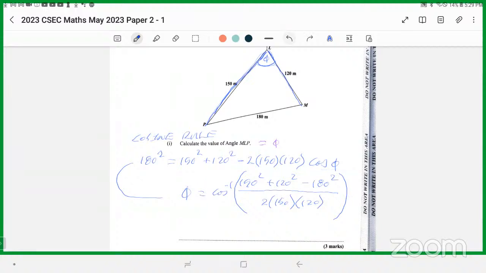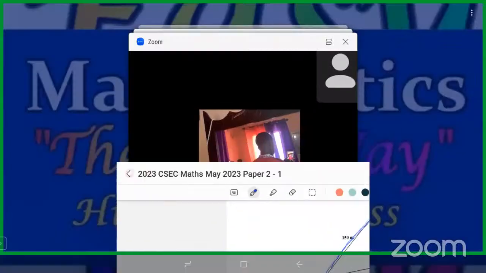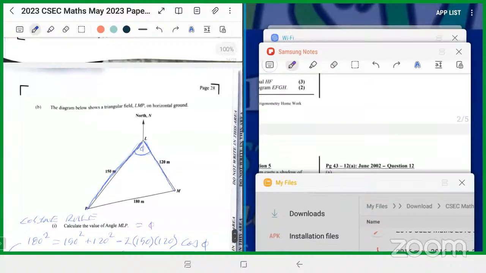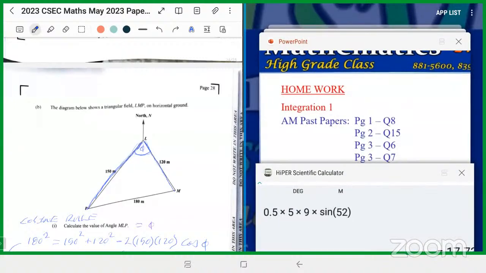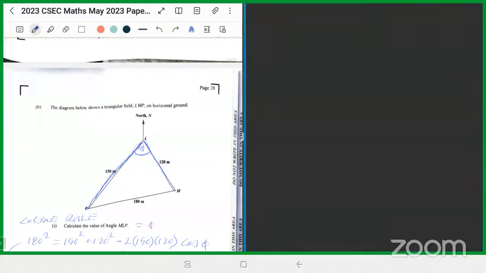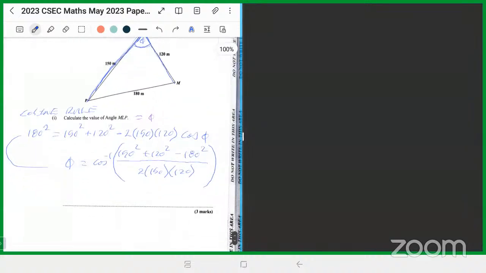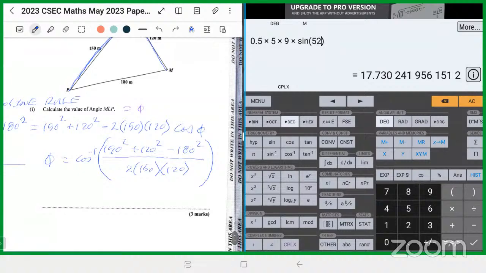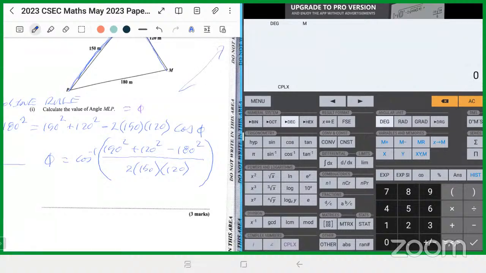All right, so let me bring up the calculator. I'm going to split the screen and bring up the calculator. Where are you, calculator? Here it is. So I'm going to put this in the calculator now and see what that angle is. Make sure the calculator is in degrees first. You have to see the DEG up there on the calculator.